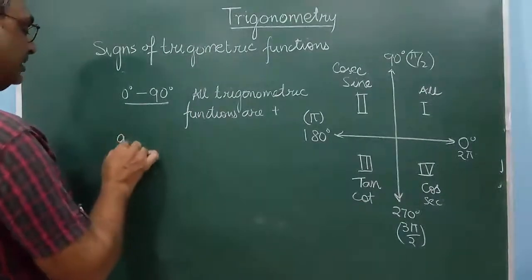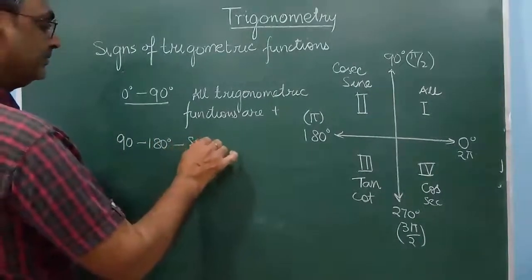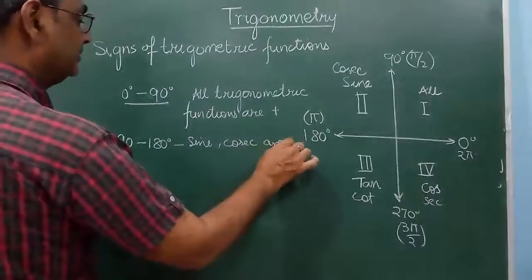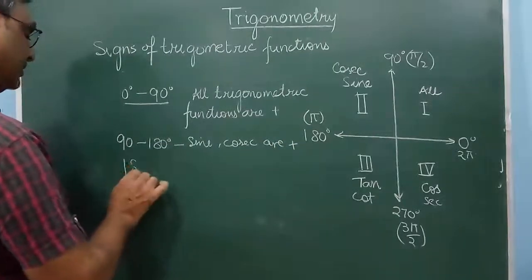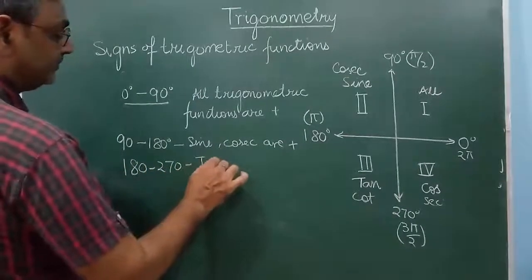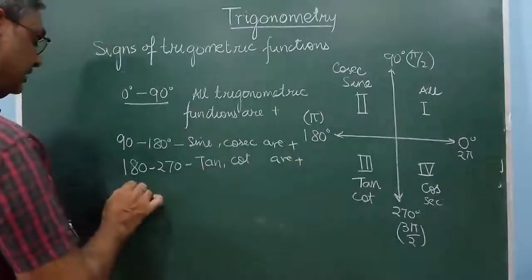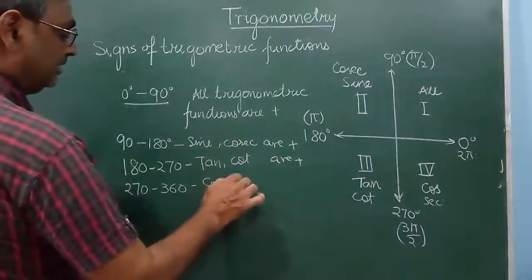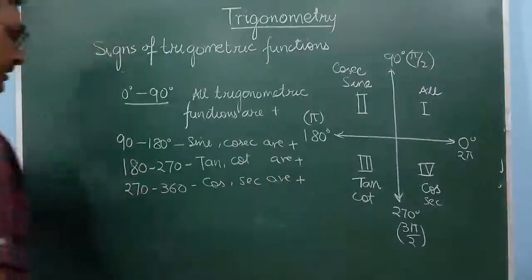So 90 to 180 degree, sine and cosec are positive, rest are negative. 180 to 270, tan and cot are positive, rest are negative. 270 to 360, cos and sec are positive, rest are negative.